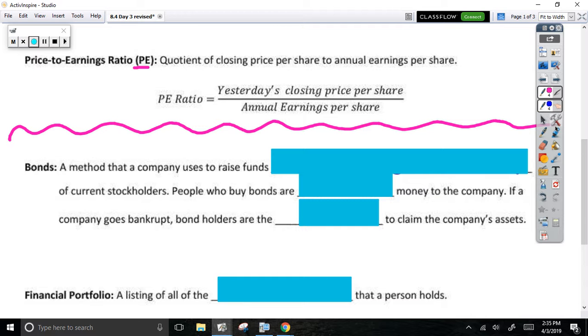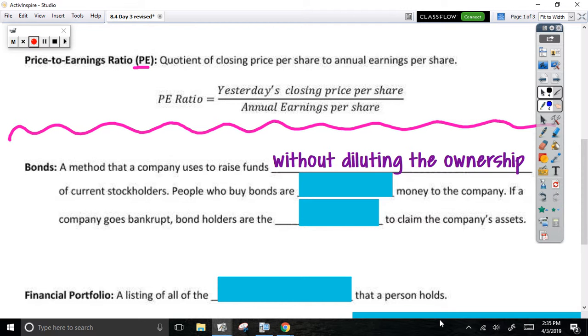Bonds are a completely different thing. A bond is basically lending money to a company. You're not getting any ownership in the company. So it's a method that a company uses to raise funds without diluting the ownership. So when you own a bond, you have no ownership of the company.